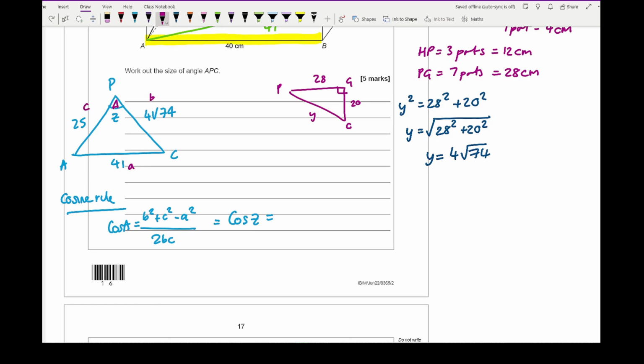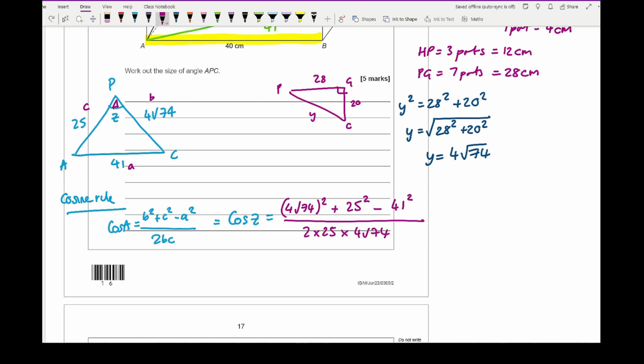So I've got b squared, that's 4 root 74 all squared, plus c, which is 25 squared, minus a, which is 41 squared, all divided by 2 times 25 times 4 root 74.